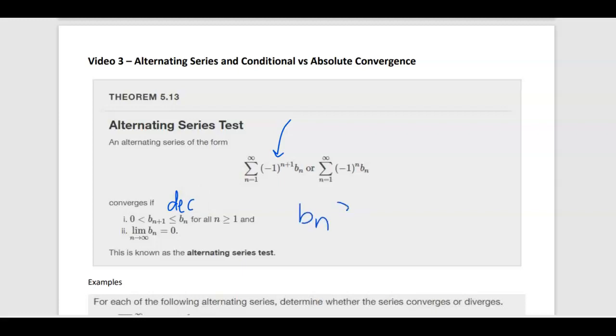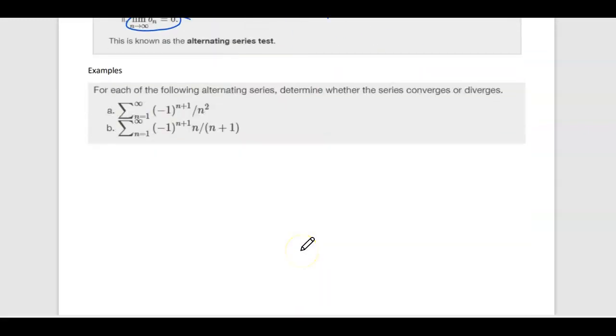So the b sub n term is always greater than the next one. So b sub n is decreasing and goes to 0. Okay, then you know that this series has to converge. So let's look at some examples here.